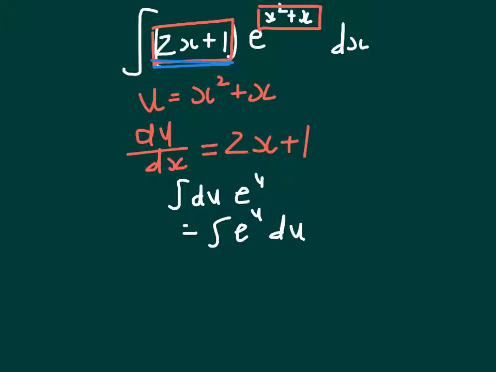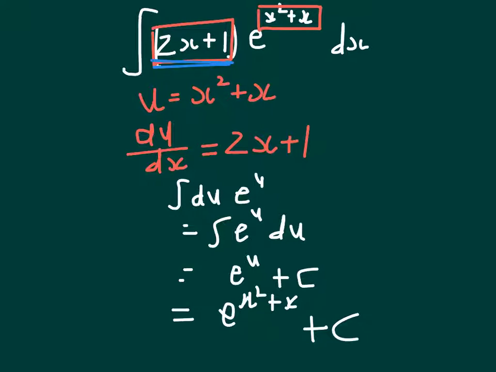So I know the integral of e to the u is just e to the u plus my constant, and I'm going to recall that I have u as x squared plus x, plus my constant.